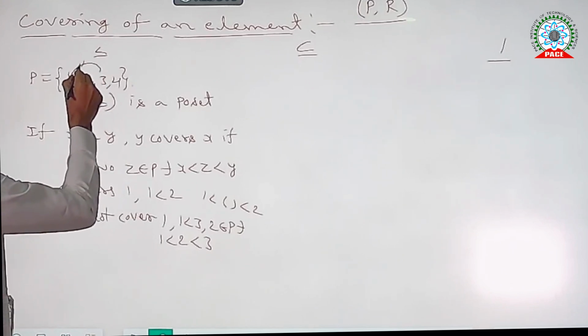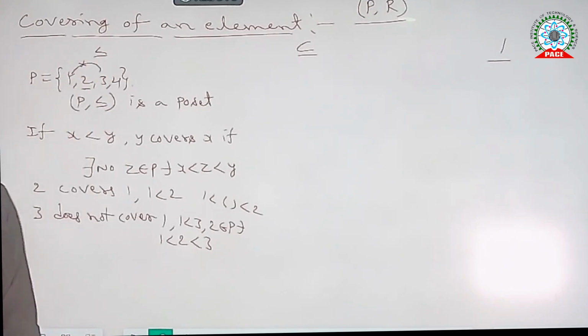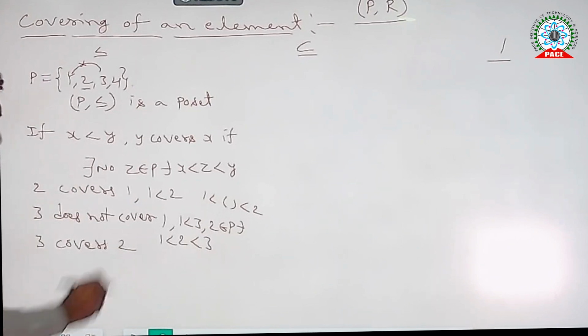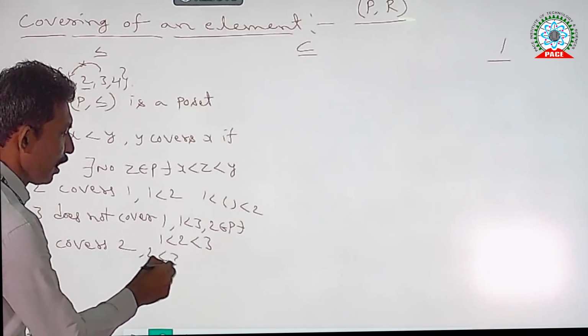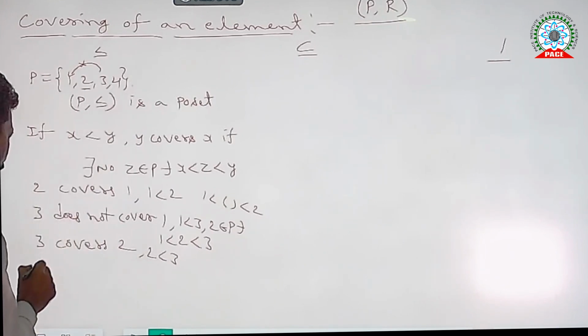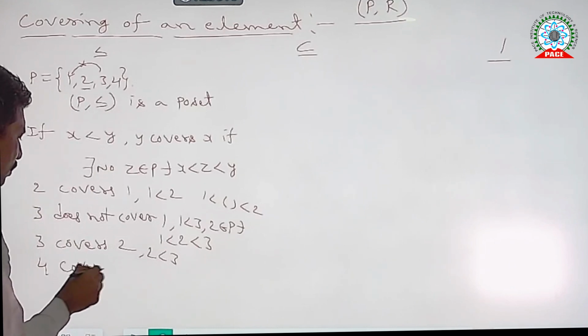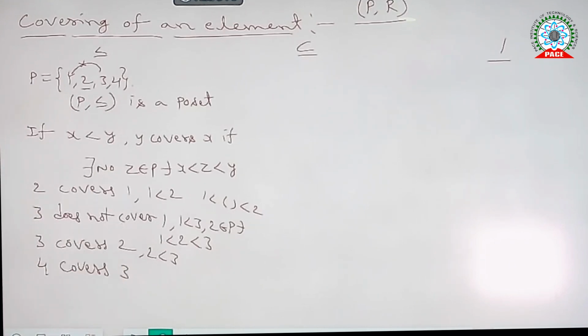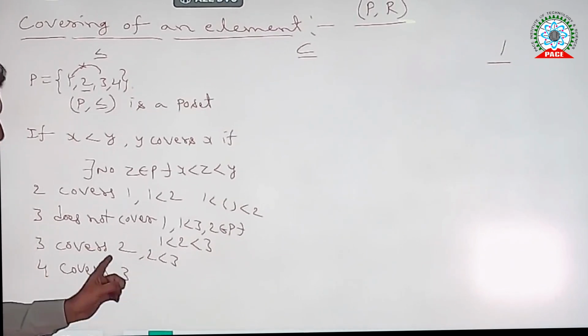Next one, 3 covers 2, because 2 less than 3 and there is no other element between 2 and 3. And next, 4 covers 3, which means 3 less than 4 and there is no other element between 3 and 4. So this is one type of relation, less than or equal to.